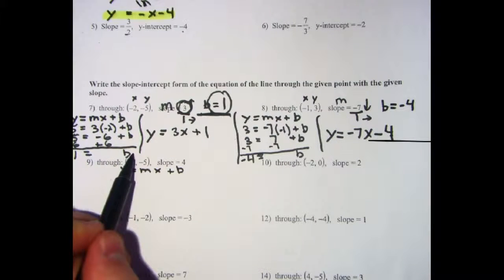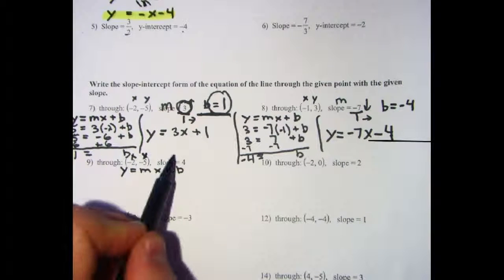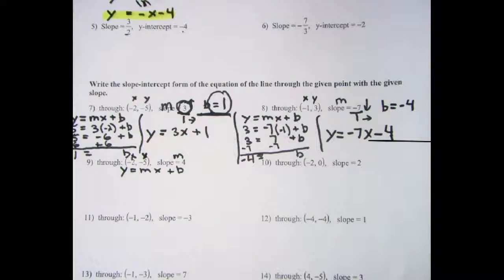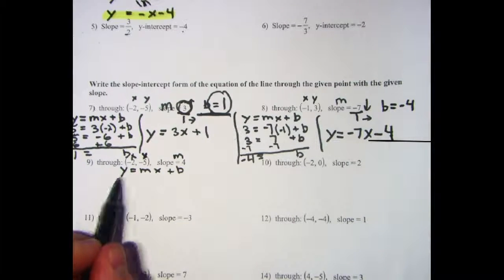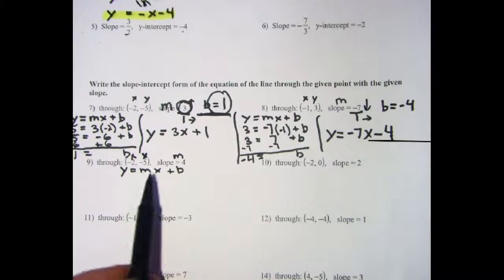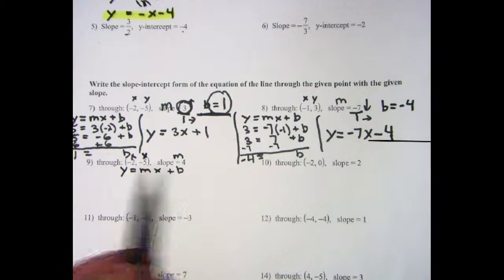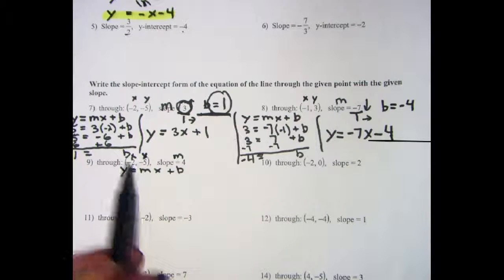So we have x, y, that's a y, and an m. So plug in, what does y equal? What's the y equal here? -5, right?